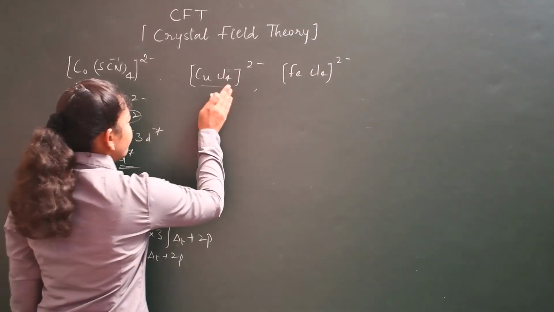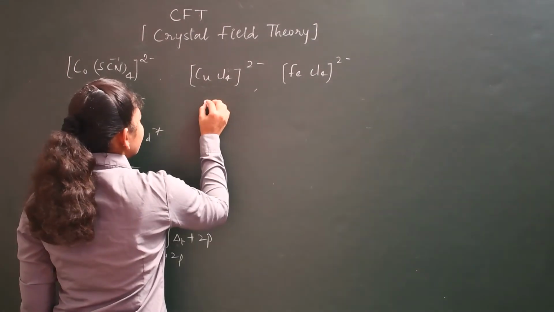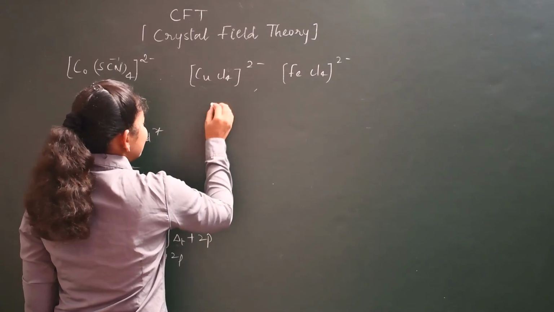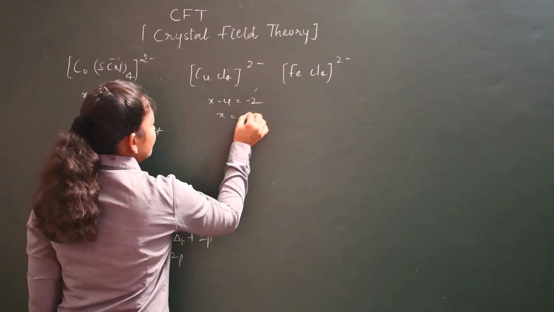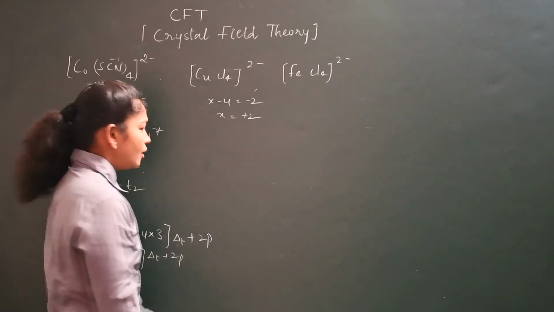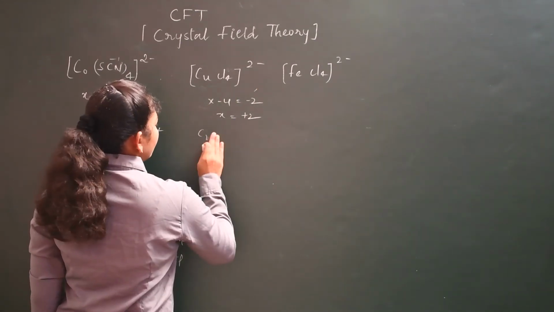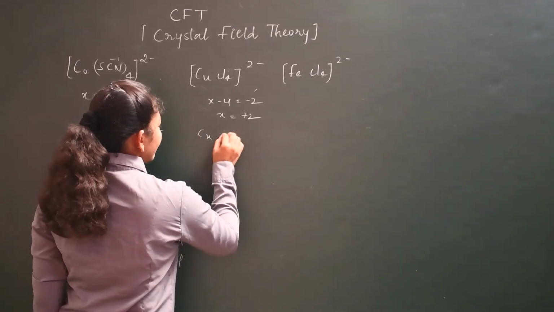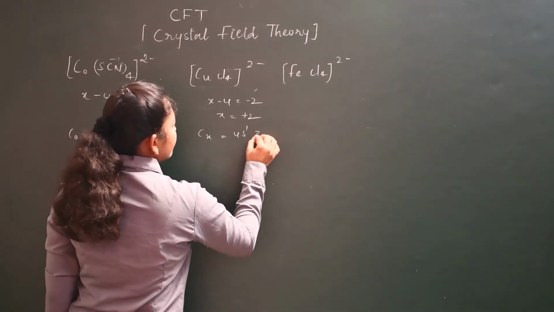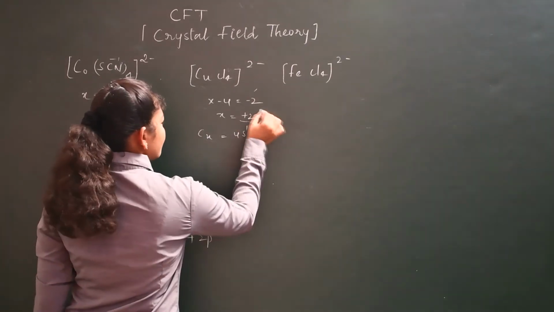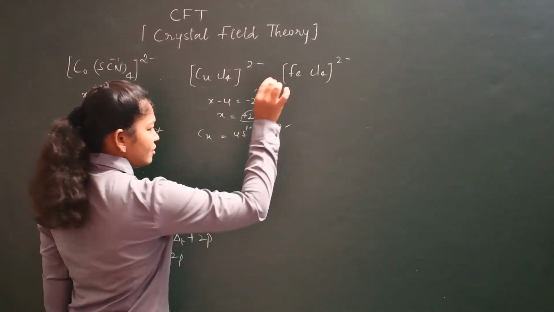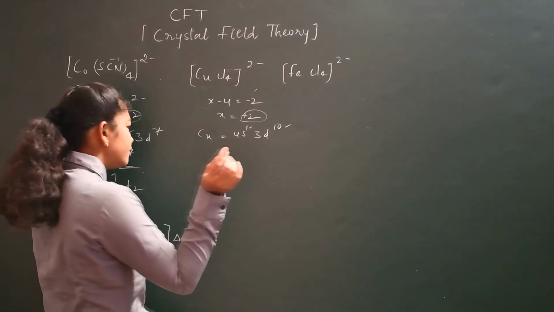So here also copper, this is also weak field only. Oxidation state: X minus 4 is equal to minus 2, X is equal to plus 2. Copper, what are the valence electrons that we have? 4s1 3d10. And plus 2, so 1 electron from here and 1 electron from here will go off.